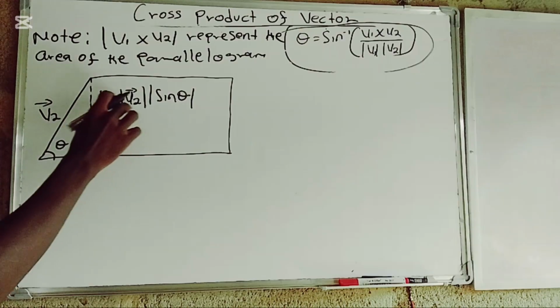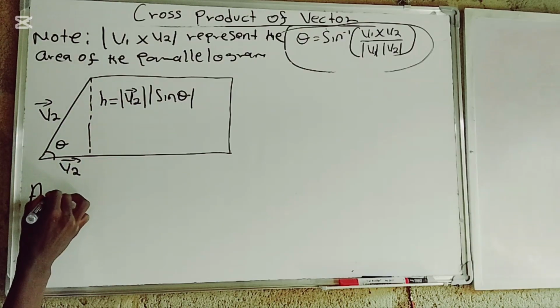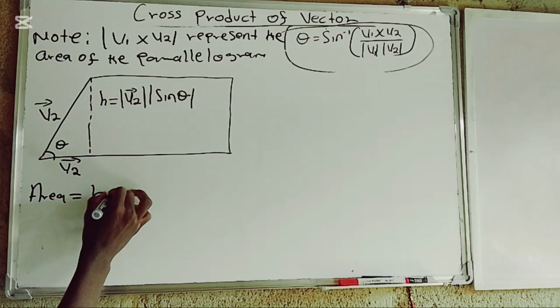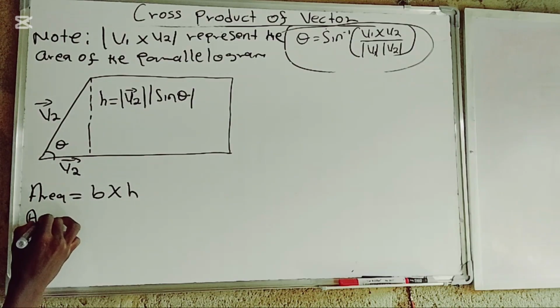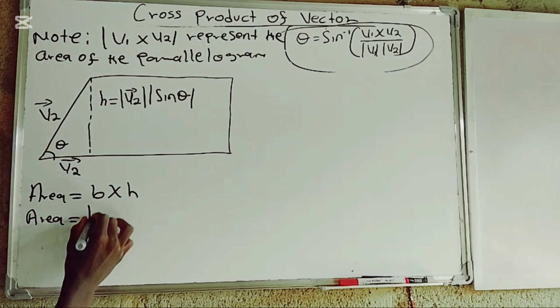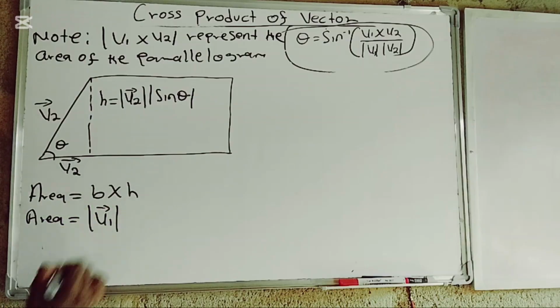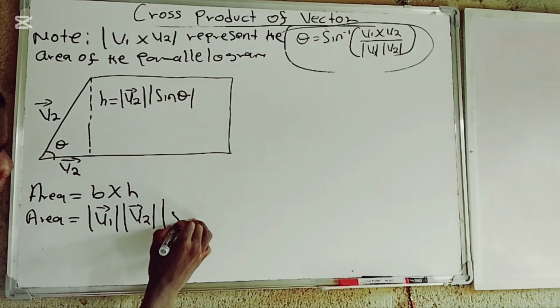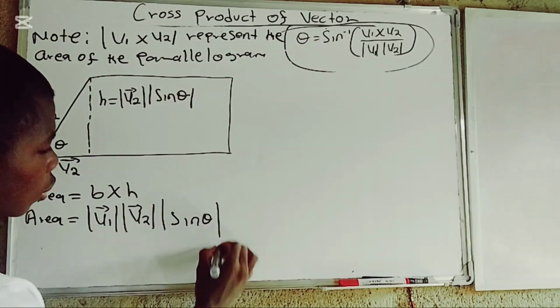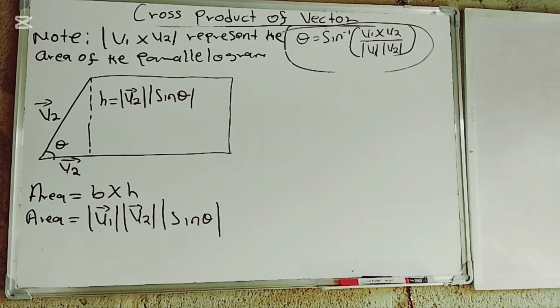So from this diagram, area is the same thing as base times height, and therefore the area is the magnitude of V1 times the magnitude of V2 times sine theta.